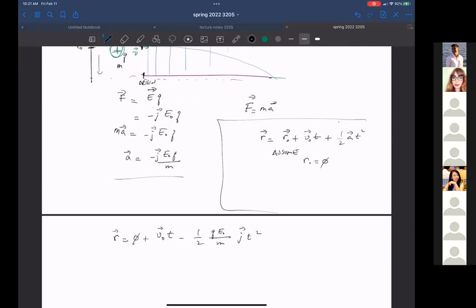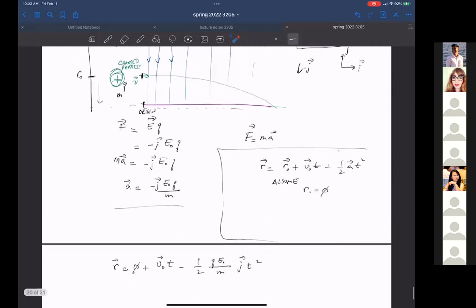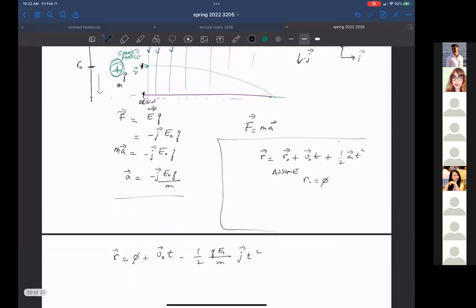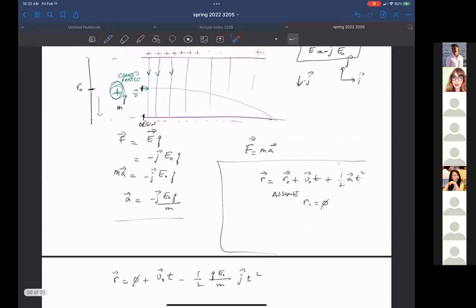So as time increases, this guy is going to be getting accelerated this way. Basically what we can do is figure out the trajectory of this particle.